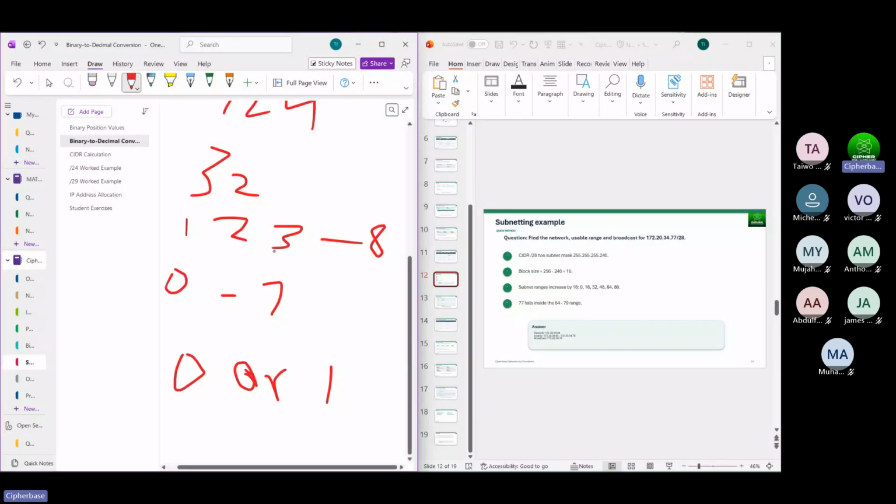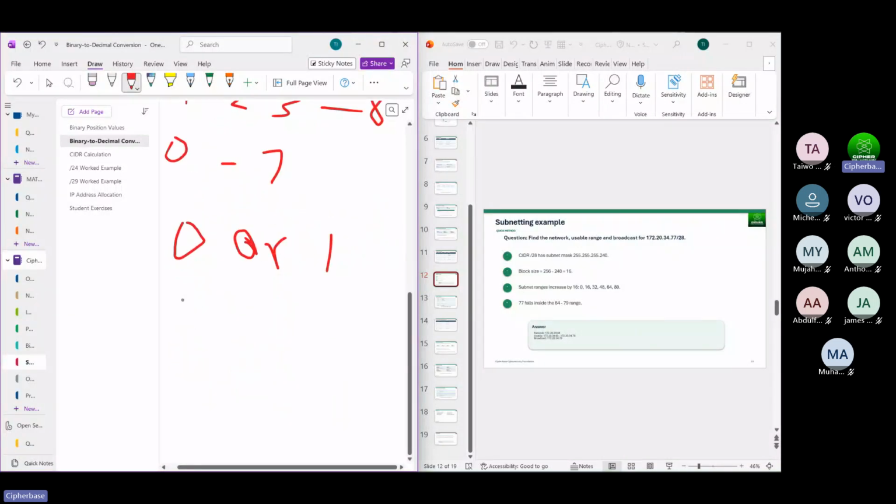If you want to count from 0 to 7 in form of numbers, let's count: 0, 1, 2, 3, 4, 5, 6, and 7.